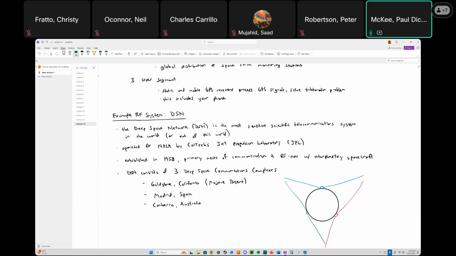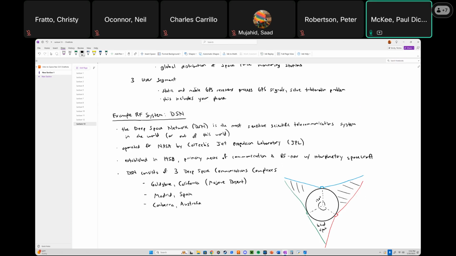Then what you'll see is these are basically 120 degrees apart. And so you'll get these blind spots here, which are close to the Earth.